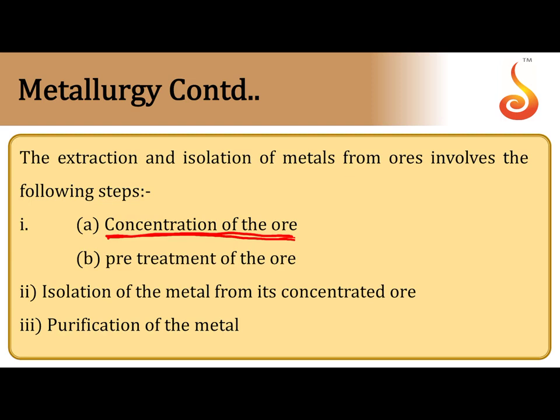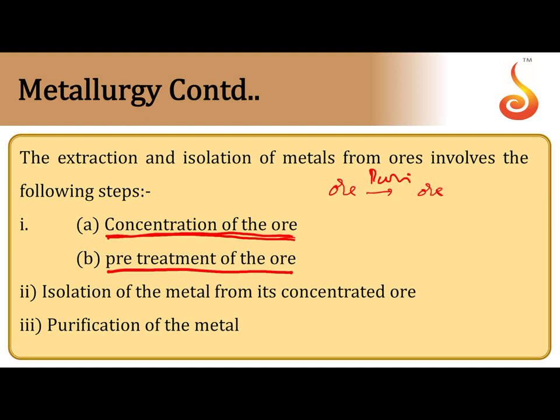Next, after the concentration, from the concentrated ore, some pre-treatment is there, like calcination and roasting, before going to the reduction. First, from minerals, ore is selected, ore is purified or concentrated.